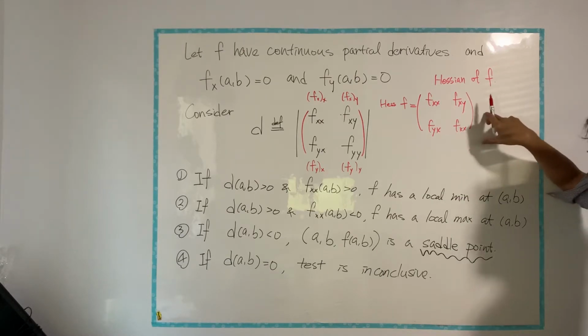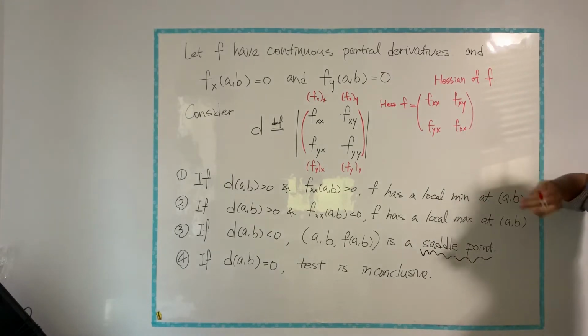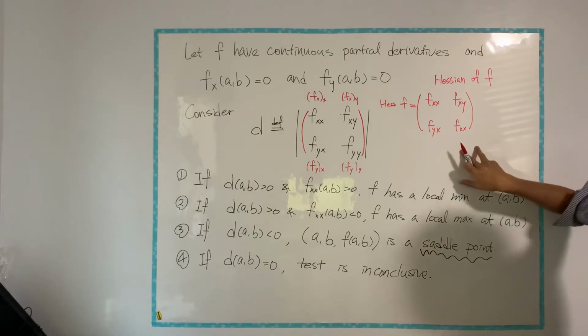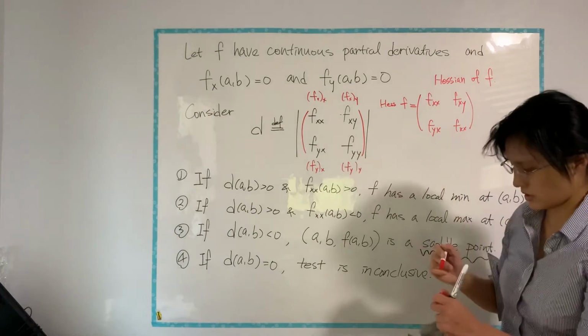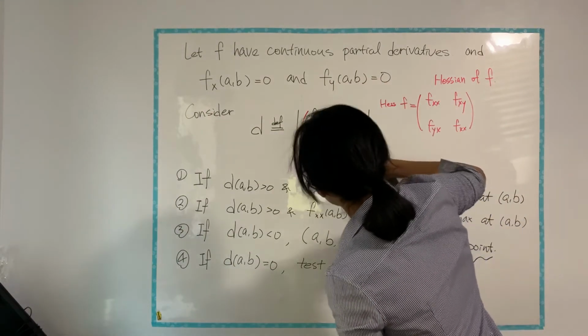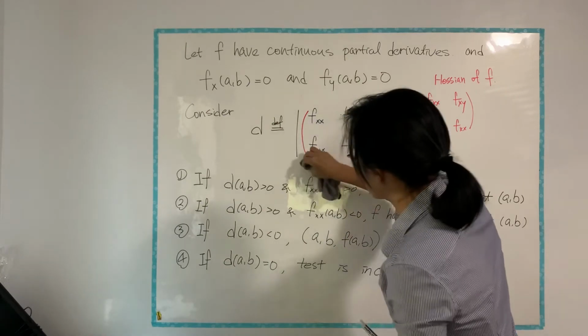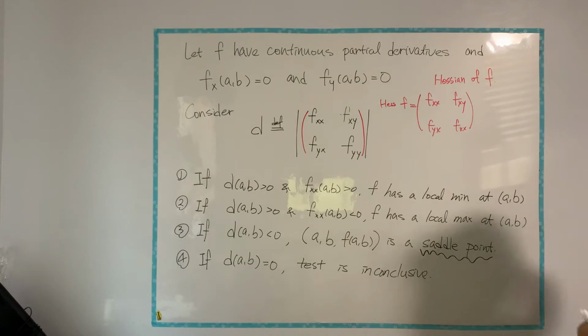It can be a constant, but in general it is a function. And then we take the determinant of this 2 by 2 matrix. Let me erase this. I just wanted to give you a way to form this Hessian matrix.